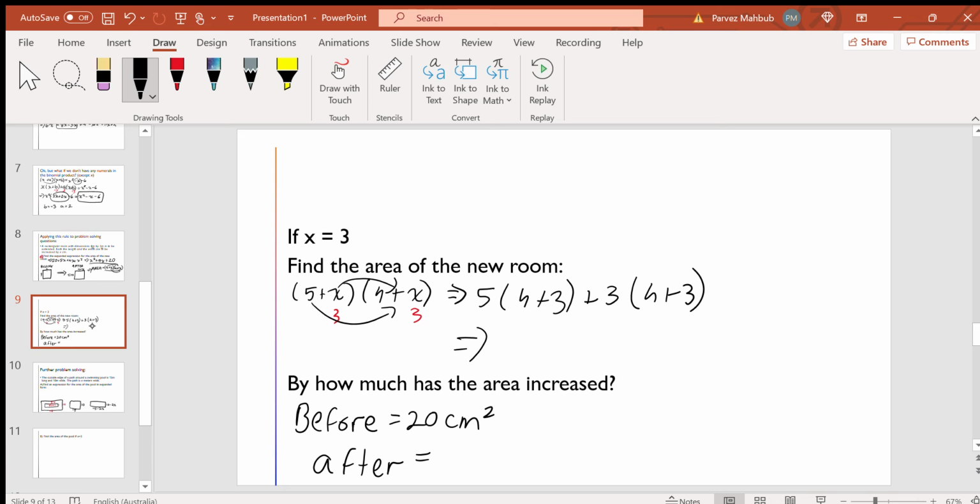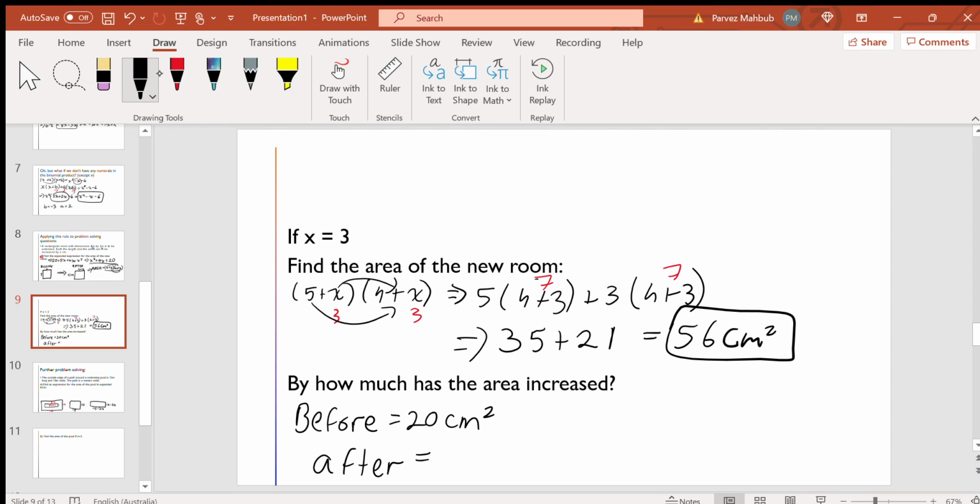We can simplify that because 4 plus 3 is equal to 7, so that becomes 35 plus 21, which is equal to 56 centimeters. Sorry, I don't know why it's not letting me write centimeters squared. Okay, centimeters squared.